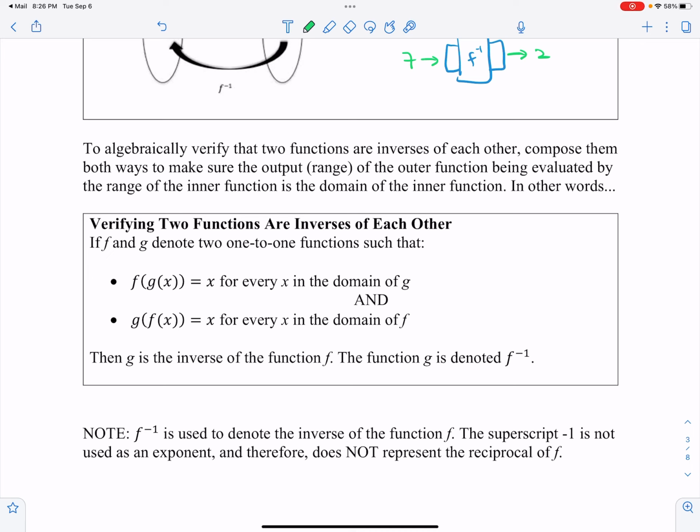So basically, in order to verify that two functions are actually inverses of each other, you compose both ways. f composed with g, g composed with f, and make sure that the equation simplifies down to x over the domain of the inner function, right? Because you're thinking about evaluating the outer function at the range of the inner function. And then that needs to map back to the domain of the inner function.